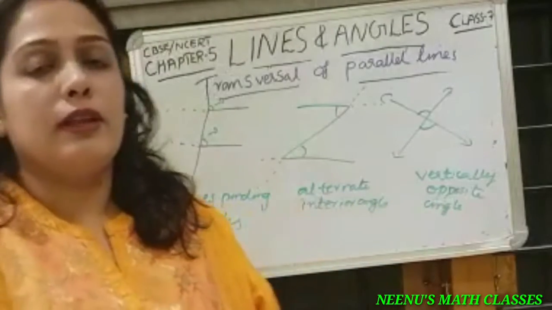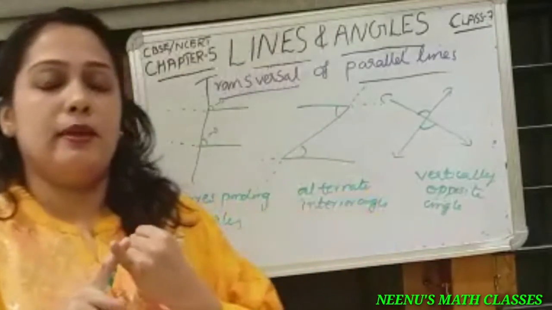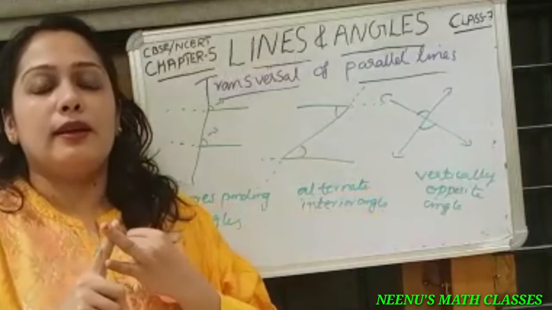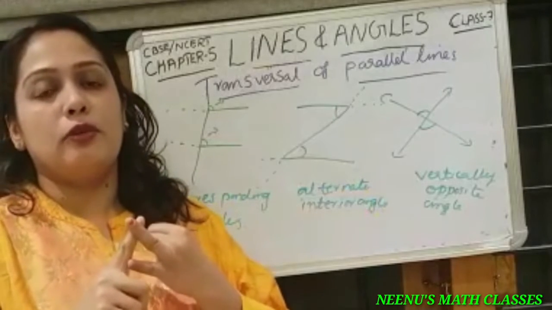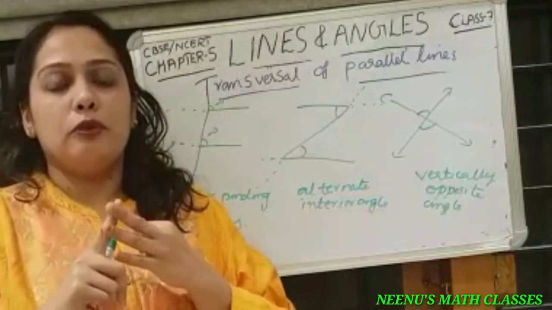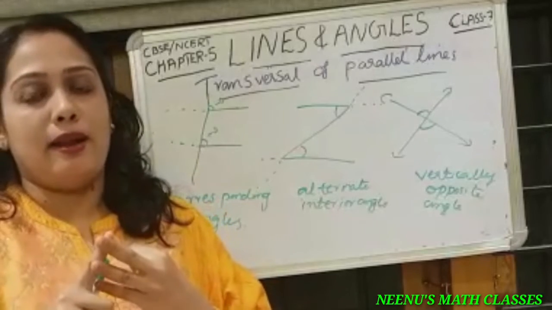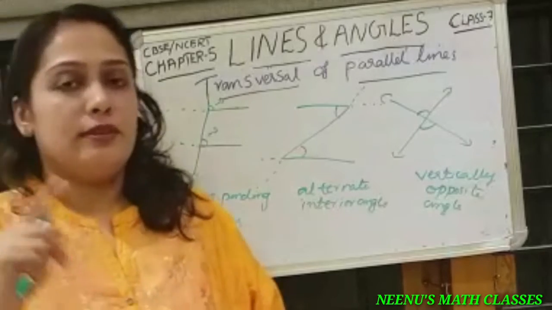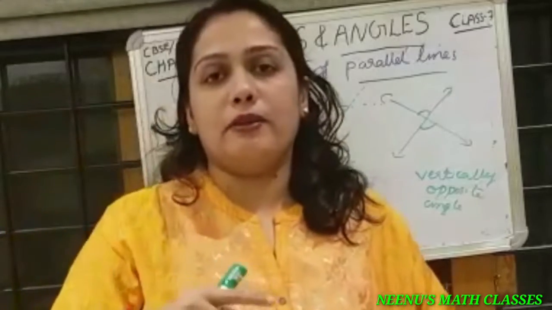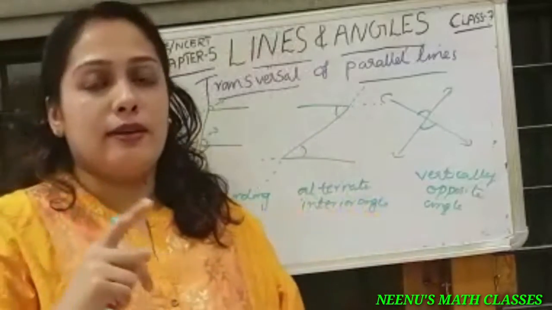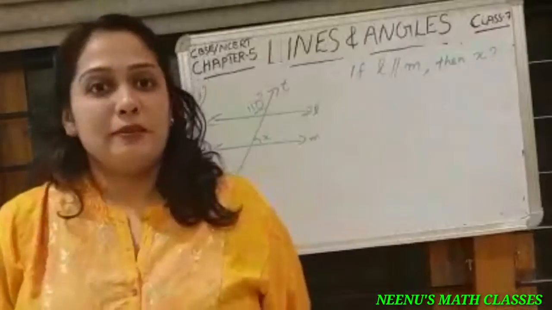What are they? Corresponding angles should be equal. Alternate interior angles should be equal. Co-interior angles should add up to 180 degrees. These are the 3 facts regarding when a transversal cuts two parallel lines.